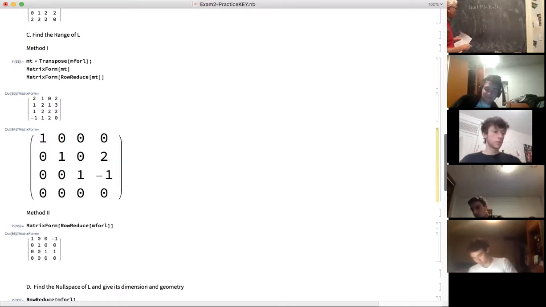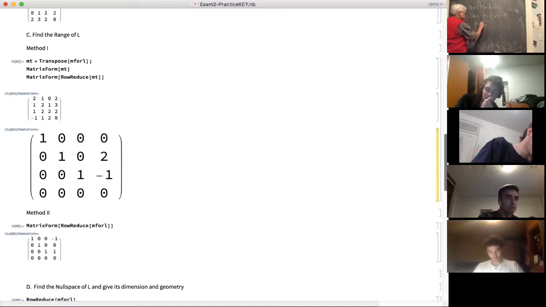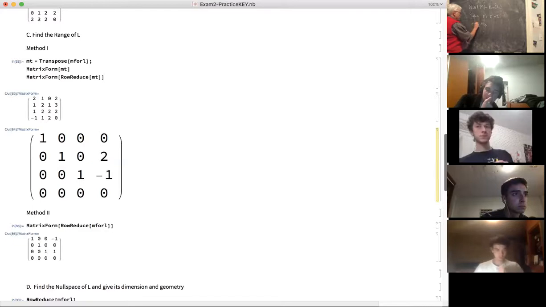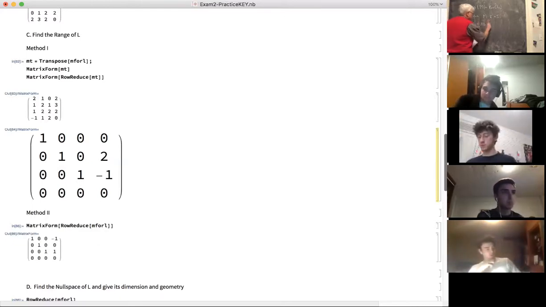And so in this case, what we want to do is solve M times X equal to 0. The null space is the solution space to this. So again, you want to take M and row reduce. You can think of M as being augmented with a 0 column, or you can just remember this. We already did this row reduction.